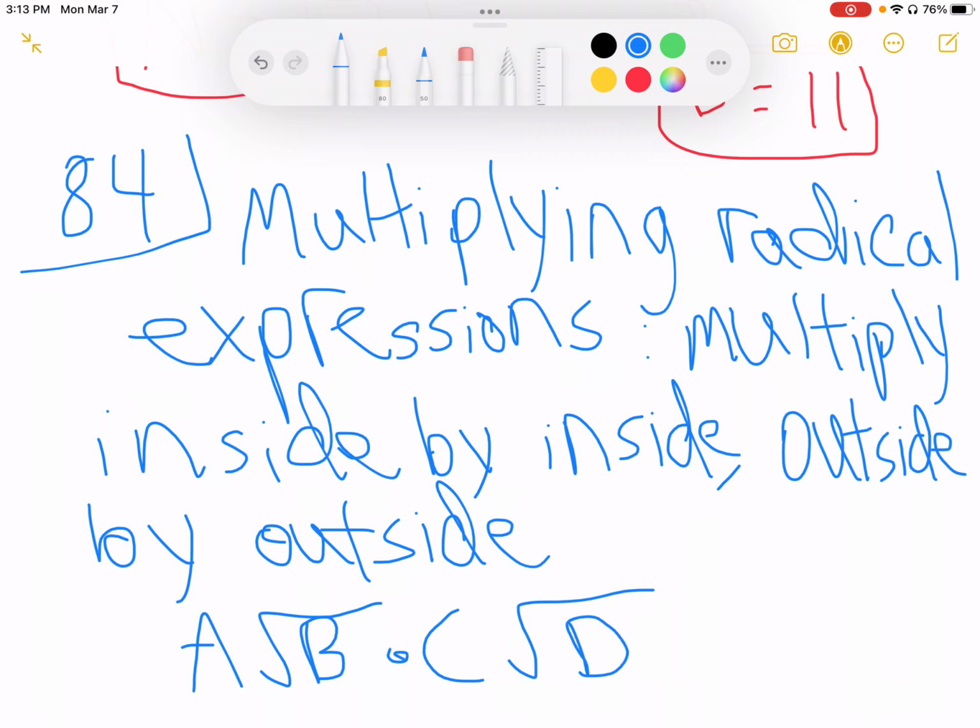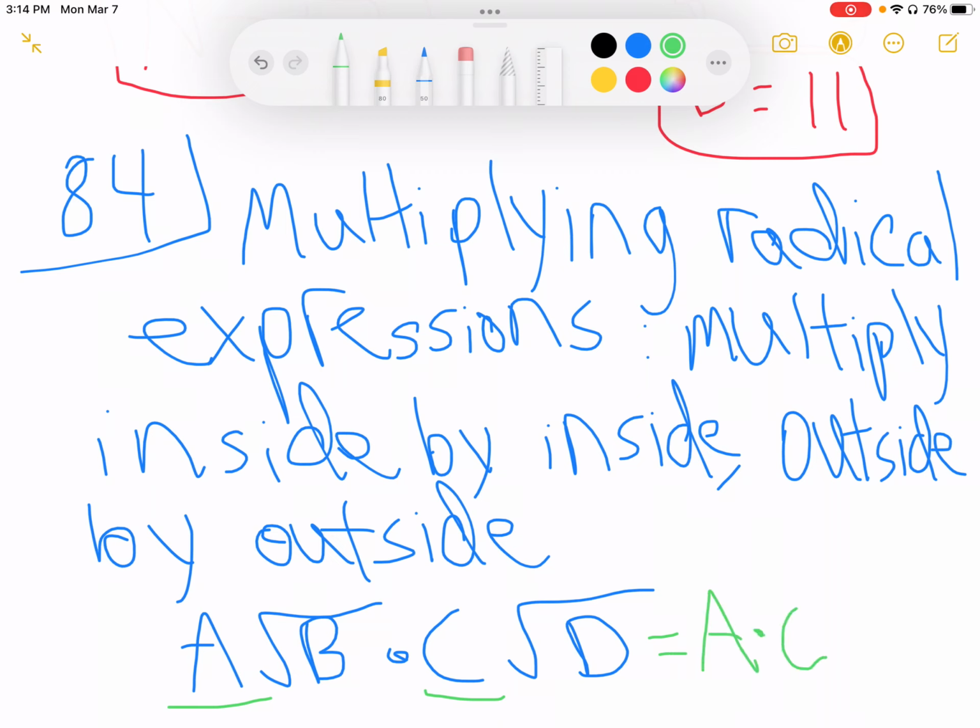So I'd have a times here in between, or a multiplication symbol. If I was going to apply this, inside by inside just refers to the fact that I have this on the outside. These two terms are in some ways alike, right? They're outside of this expression, so then I can write it as A times C, okay?